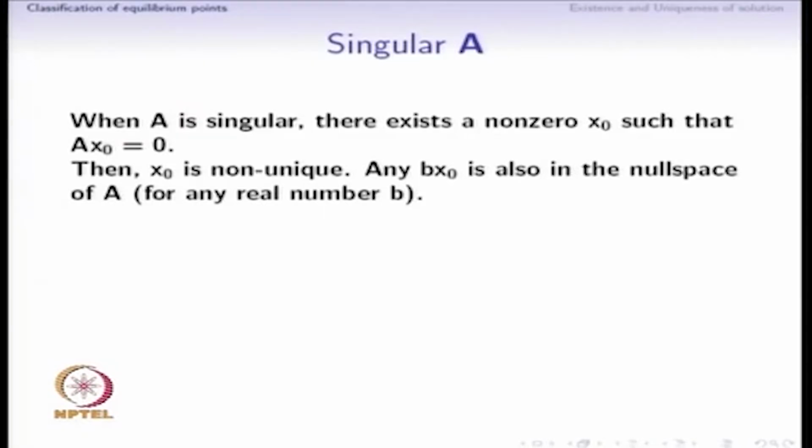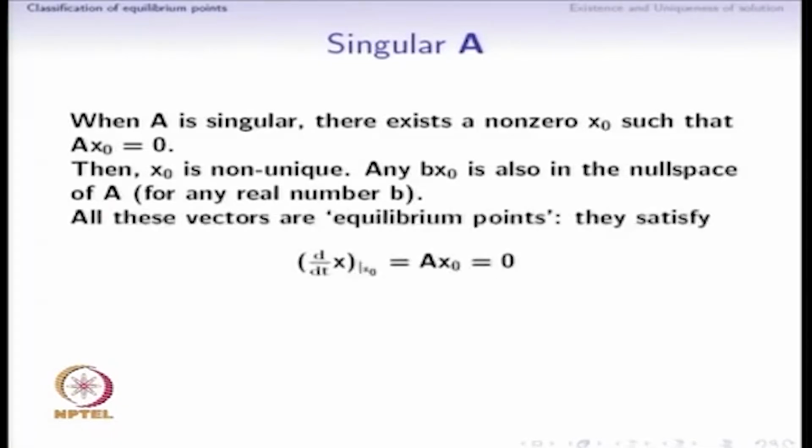Why? Because if we are given x naught, then we can multiply x naught by a real number b and also get b x naught in the null space of the matrix A. So, all these points x naught, b x naught, any scaling of the vector x naught, are all equilibrium points. Why?